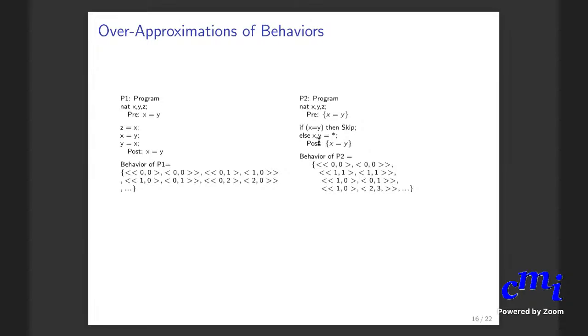If x is equal to y, the two programs behave identically. If x is not equal to y, P1 is more constrained, as it swaps, whereas P2 assigns arbitrary values.